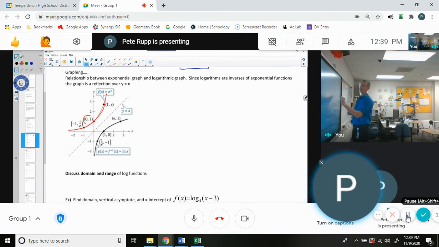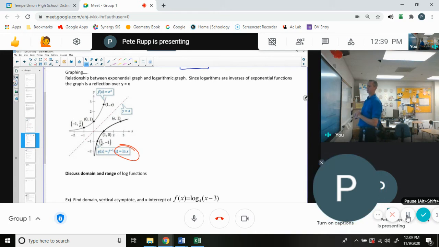So remember that it has that 0.01, that's really important, and it starts out slow and then really bends up with that exponential growth. Notice that this guy right here is the natural log function, or the logarithmic function. So it's going to start off very, very steep, and then it's going to level out like this. And you can see that this line right here is y equals x.